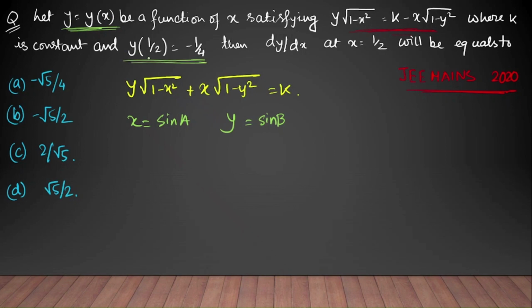In this case, you can see that if the value of x is half, then the value of y will be 1 by 4. It is crystal clear.